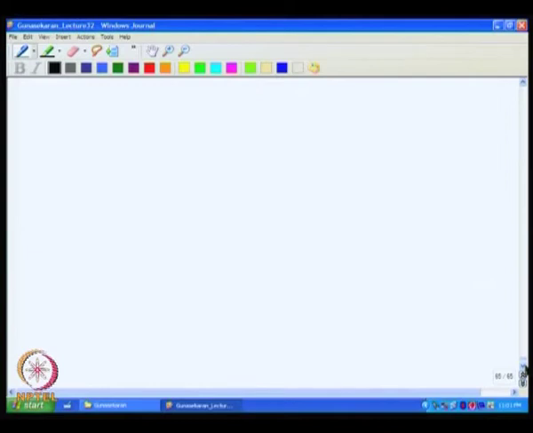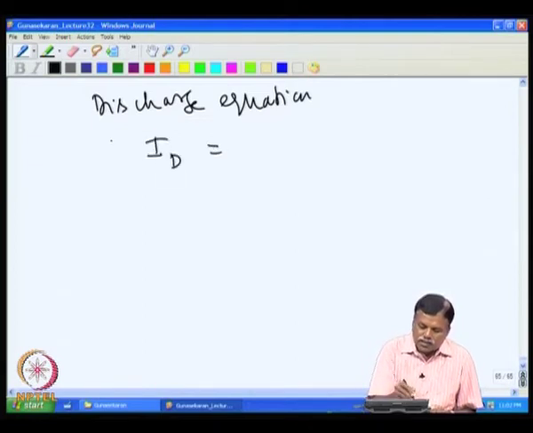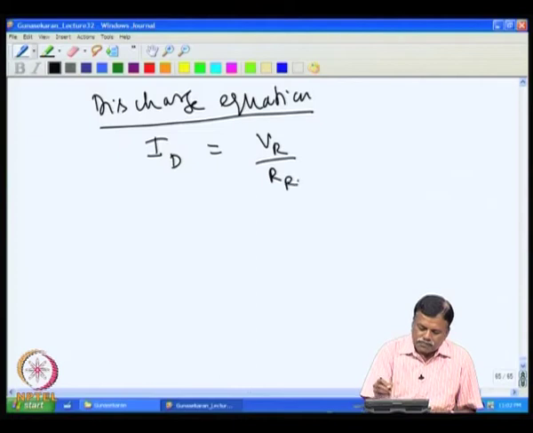Now, if we see the discharge equation, the discharge current I discharge is nothing but V reference divided by R reference.